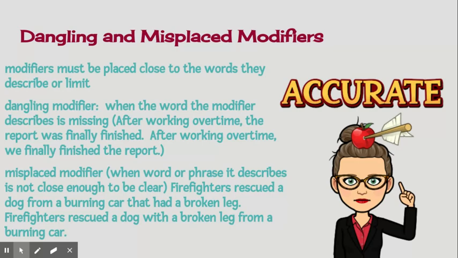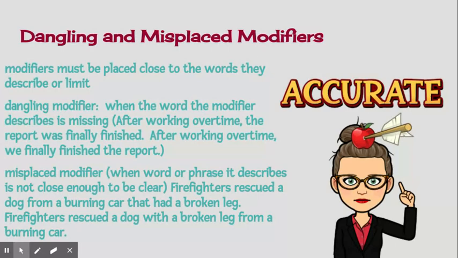Let's look at the example. After working overtime, the report was finally finished. Okay, so we have the modifier after working overtime. And in the case of after working overtime, the report isn't what was working overtime. And we don't really know, based on the rest of the sentence, who it was that was working overtime to finish the report.